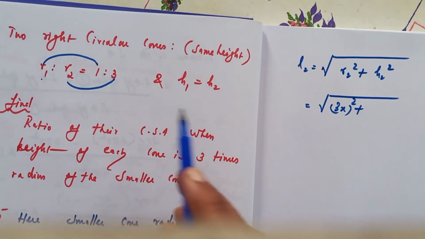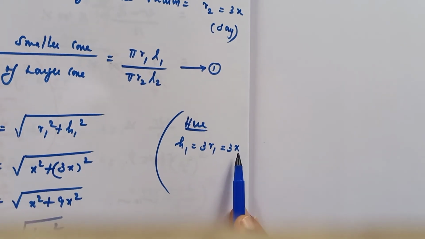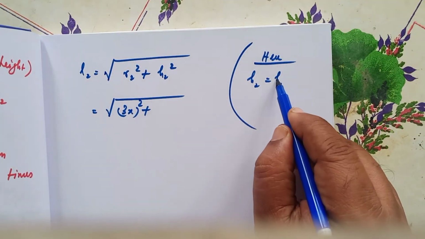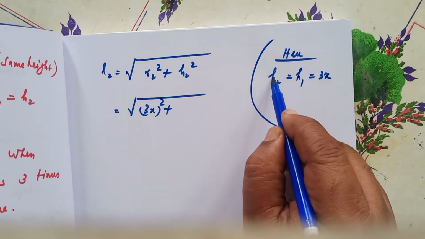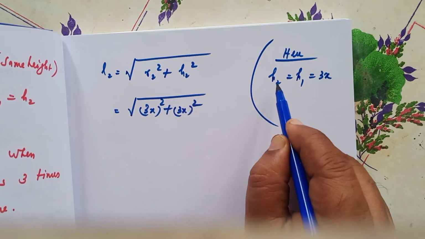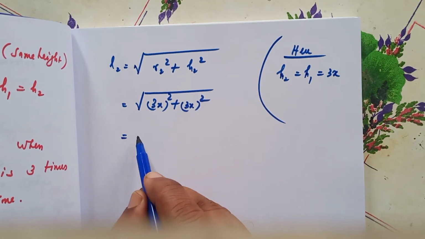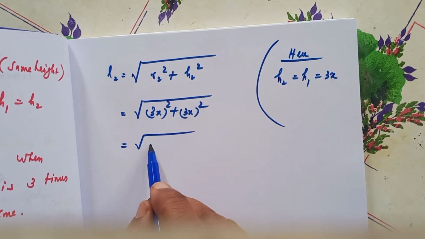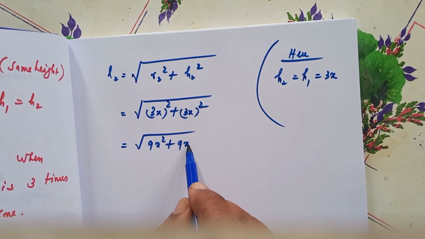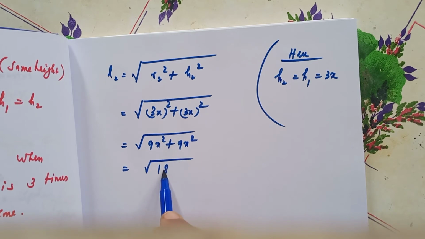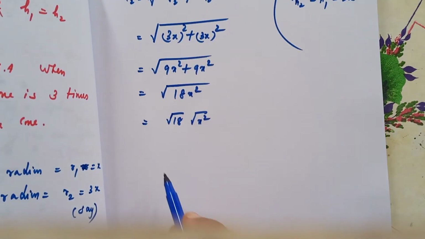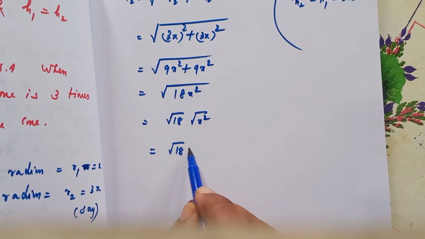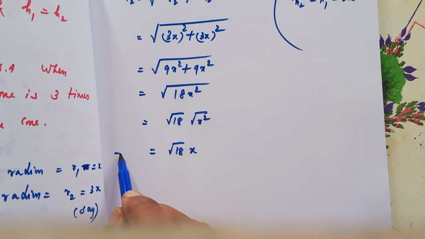For H1 what I have written here? 3x, same 3x. So H2 can be replaced by 3x whole squared. That is root of 9x squared plus 9x squared, that is root of 18x squared, that is root 18 into root of x squared, that is root 18 into x. This is L2.